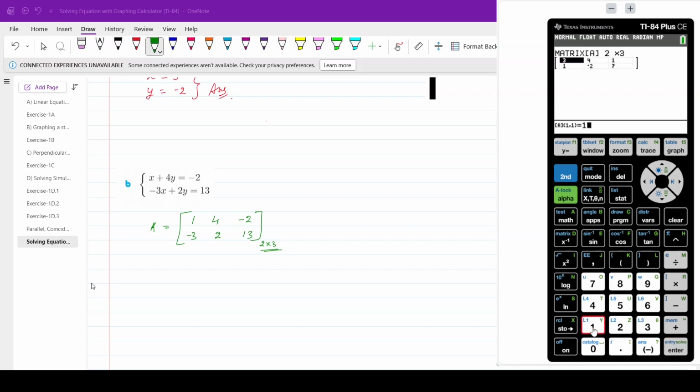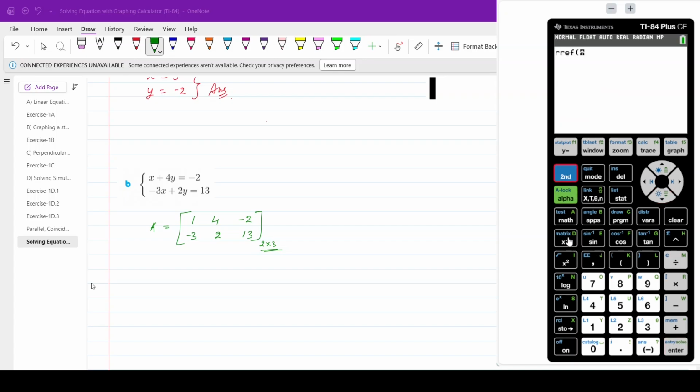I'll just enter the values. I'll put 1 here, 4, -2, -3, 2, and 13, and I'll just quit it. Now I'll go to matrix again. I'll go to math and I'll choose rref.